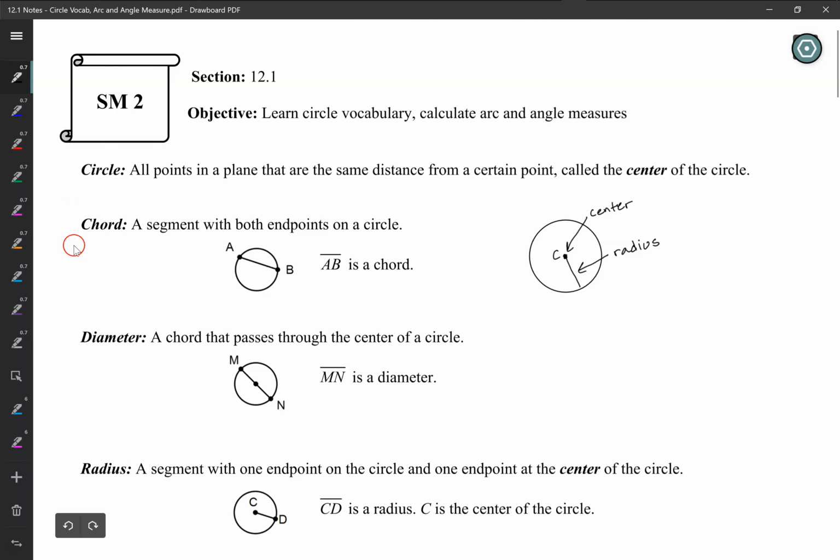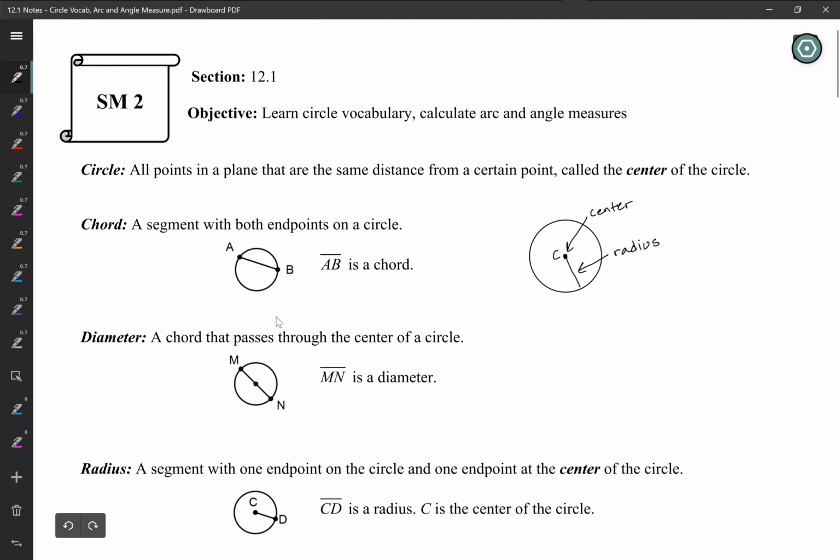So a chord is just any segment that you draw that has both endpoints somewhere on the circle. So it's a line segment, both endpoints are on the circle. So since it's a line segment, you name it with the segment bar on top, and the two endpoints are the two letters. So segment AB is a chord.